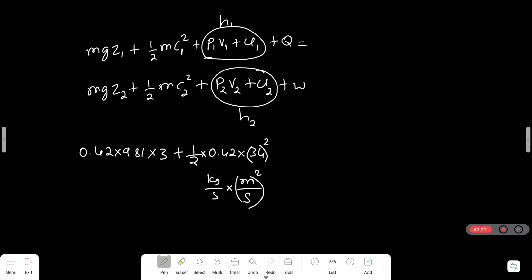Can I write it as kg per second into meter per second into meter per second? Mass into acceleration is Newton, force. So I'll get it in joule per second. So this is in watt.